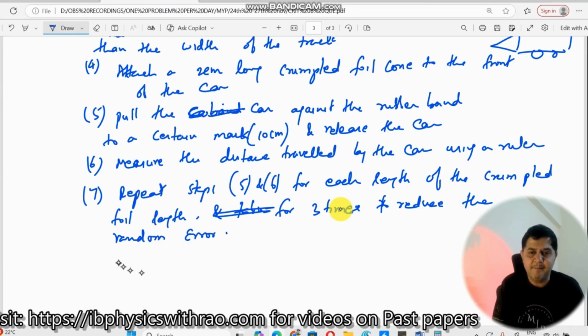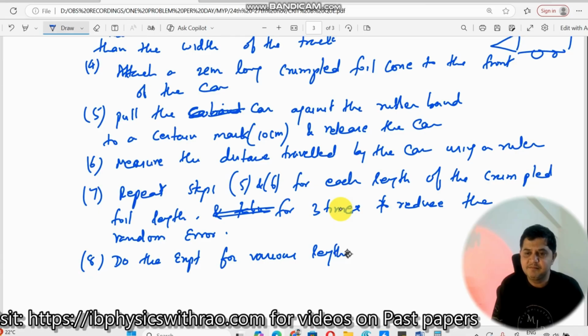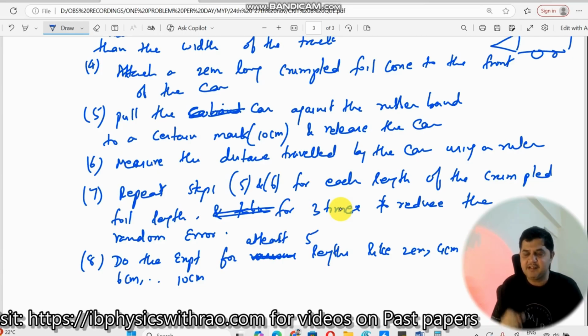Finally, do the experiment for various lengths. Instead of various lengths, be specific for at least 5 lengths, starting from 2 centimeter, 4 centimeter, 6 centimeter, 8 centimeter, up to 10 centimeter.